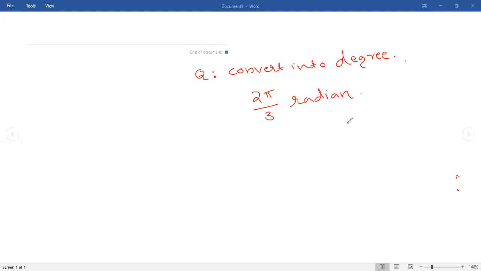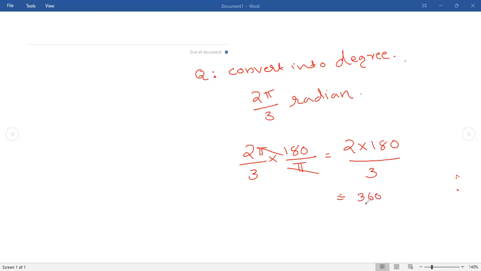So we multiply 2 pi by 3 into 180 divided by pi. You can cut pi on both sides. So it is equal to 2 into 180 divided by 3. 2 into 180 is 360, and 360 divided by 3 is 120. So 120 degree is the final answer.